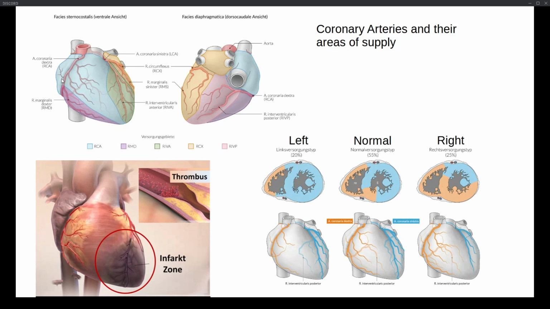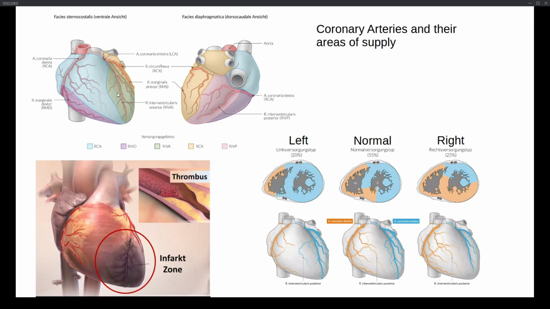Both are responsible for several different areas of your heart, and this is in fact very interesting in the clinic because a heart attack basically means that a thrombus blockades one of these vessels. And in the respective area that these vessels supply there will, of course, be a necrosis because the supply will be blocked.